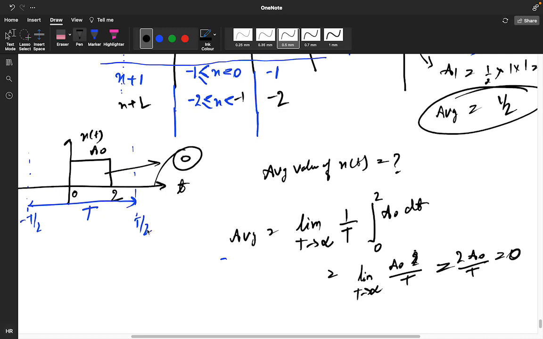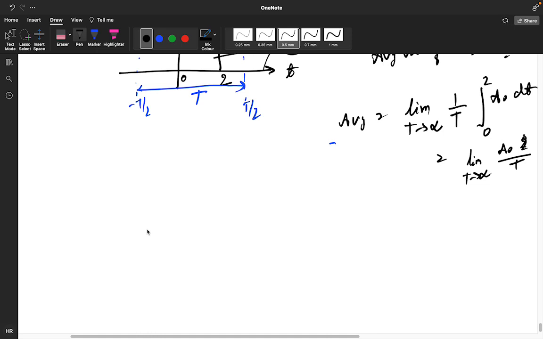So from this, what have we understood? Write down one particular note point.